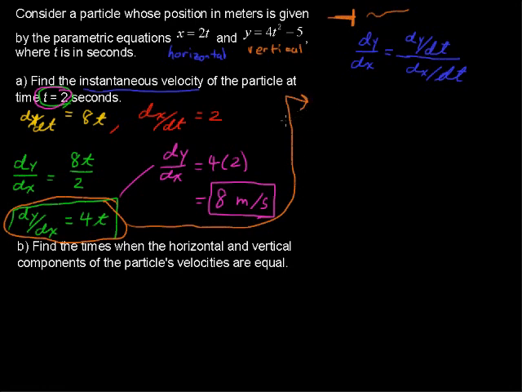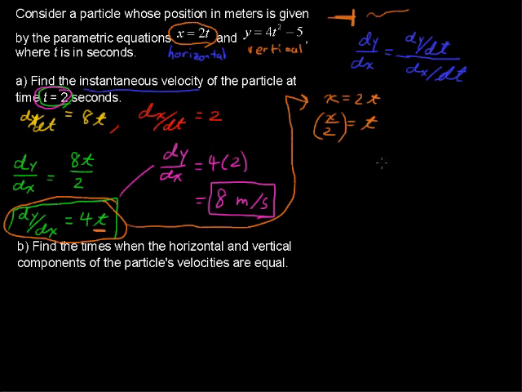just real quickly, all I'd have to do is substitute in for t some form of x. So what do we have here? We have a relationship between x and t. We have x equals 2t, so therefore t equals x over 2. I'm going to plug in x over 2 wherever I see a t.